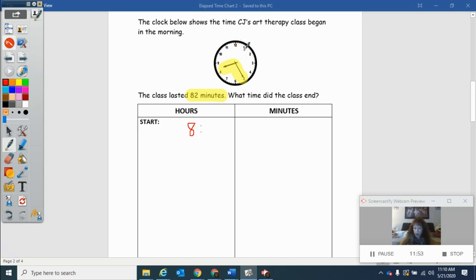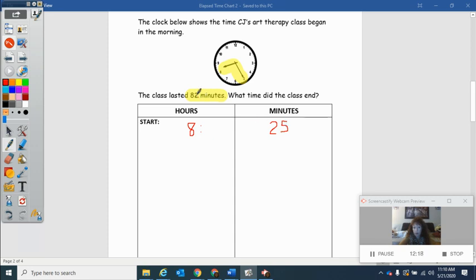So that's 5, 10, 15, 20, 25. So it's 25 minutes after 8 o'clock. Or we can say 8:25. Okay, we got our start time.